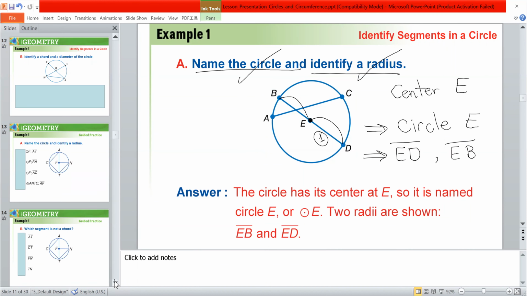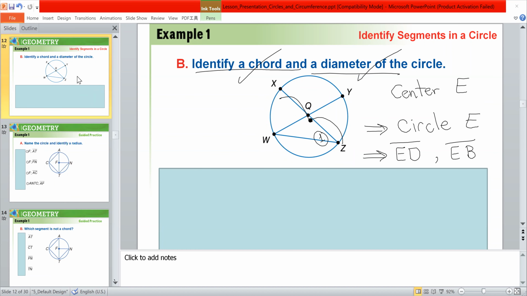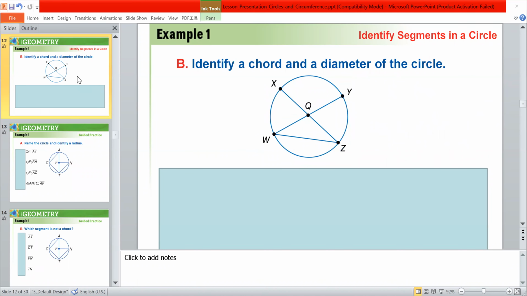Pay attention. Okay. Hey, Abdullah Shafi. Yes, sir. Identify a chord and a diameter. All right. The diameter is WY. Excellent.